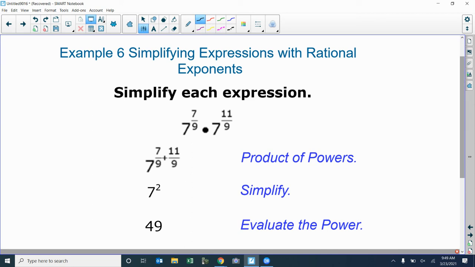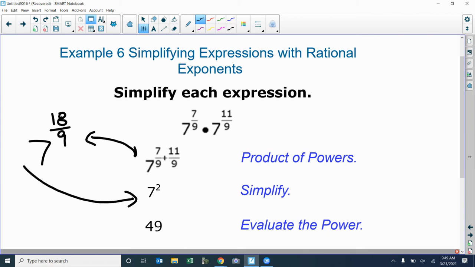Now, fortunately, I have the same denominator, right? So we're going to add those. I did skip a little step here because it's really 7 to the 18 over 9, right? Of course, 18 over 9 goes to 7 to the second, and then we write that as 49.